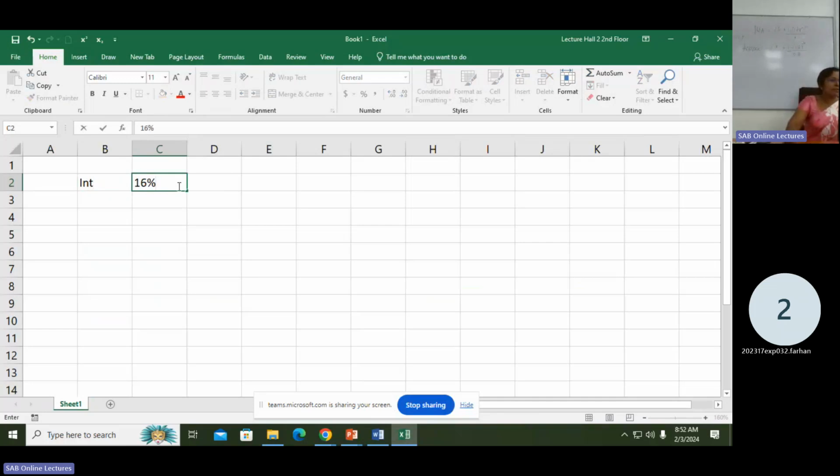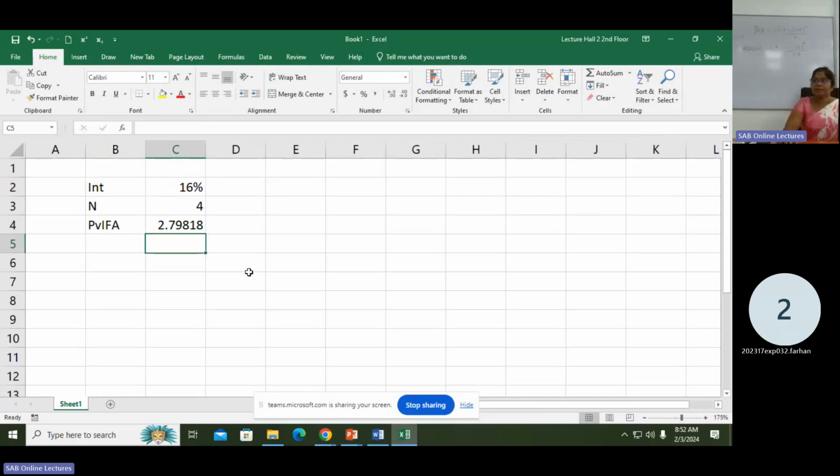Interest rate is 16%, 4 years. You can calculate the present value interest factor annuity. Is it 2.79?